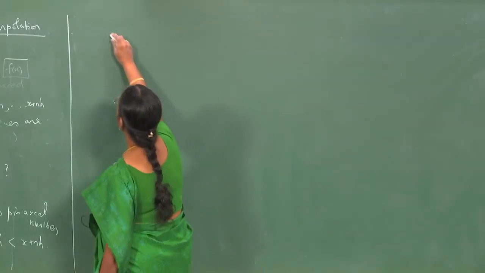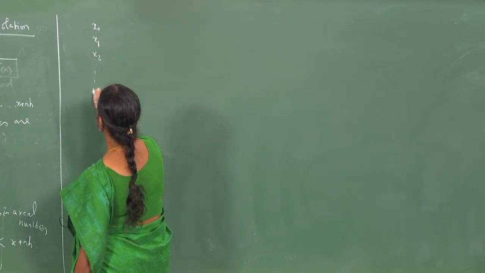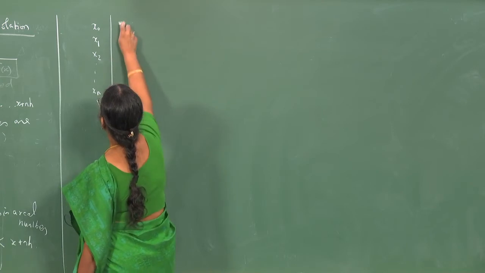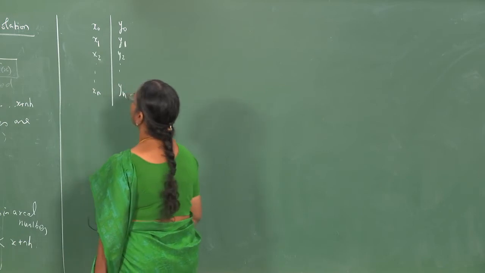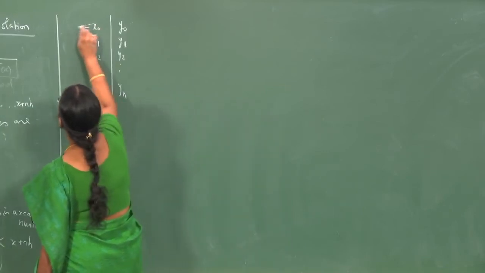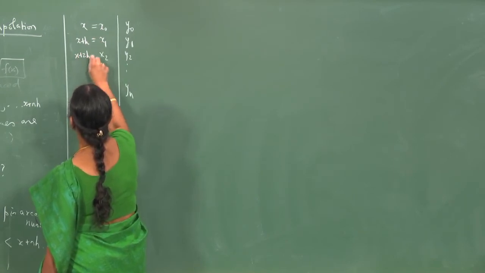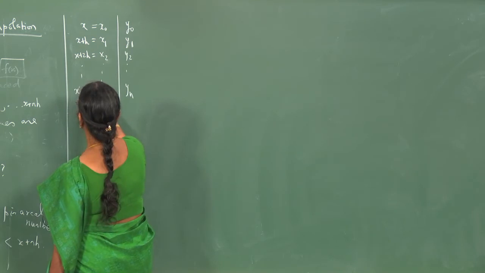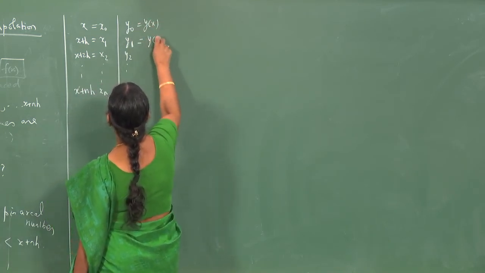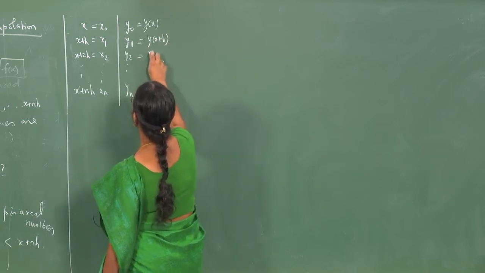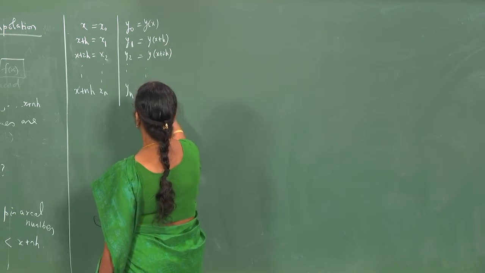Given information at the set of points x0, x1, x2, etc., xn, and the corresponding values y0, y1, y2, etc., yn. Say this is my x, this is x plus h, x plus 2h, and so on, x plus nh, and these are the values: y at x, y at x plus h, y at x plus 2h, and so on, y at x plus nh.